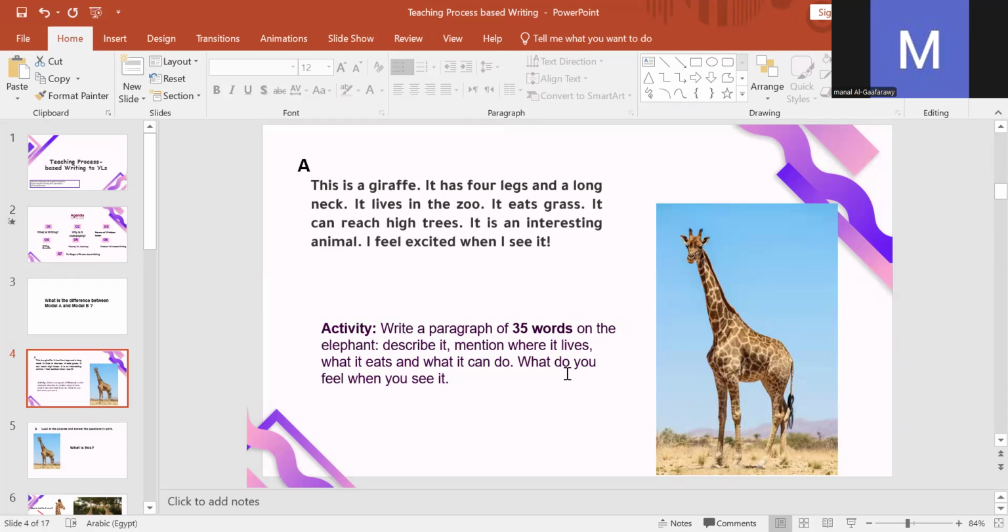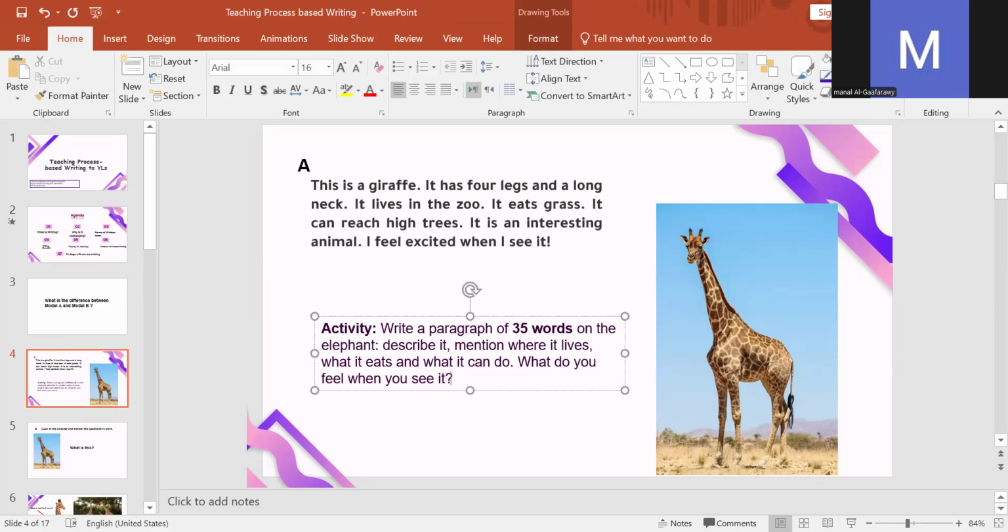And then we have a rubric of what to include in the paragraph. Describe it, mention where it lives, what it eats, and what it can do. And finally, what do you feel when you see it?